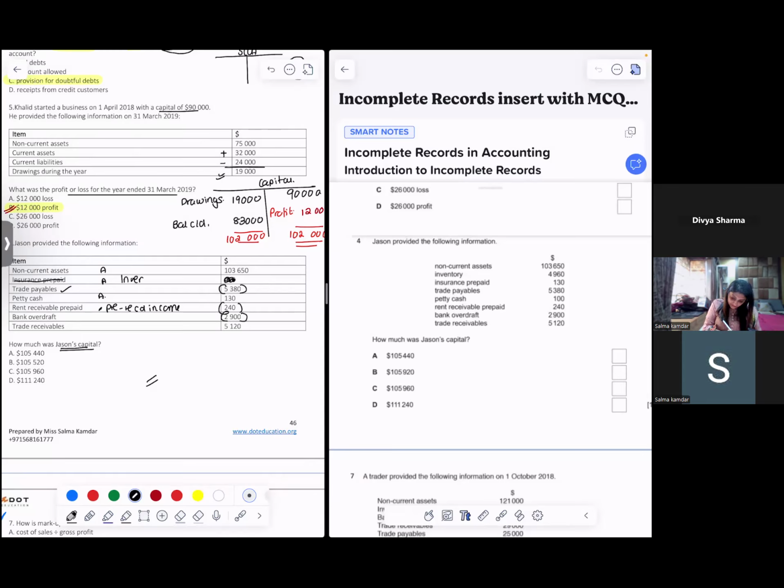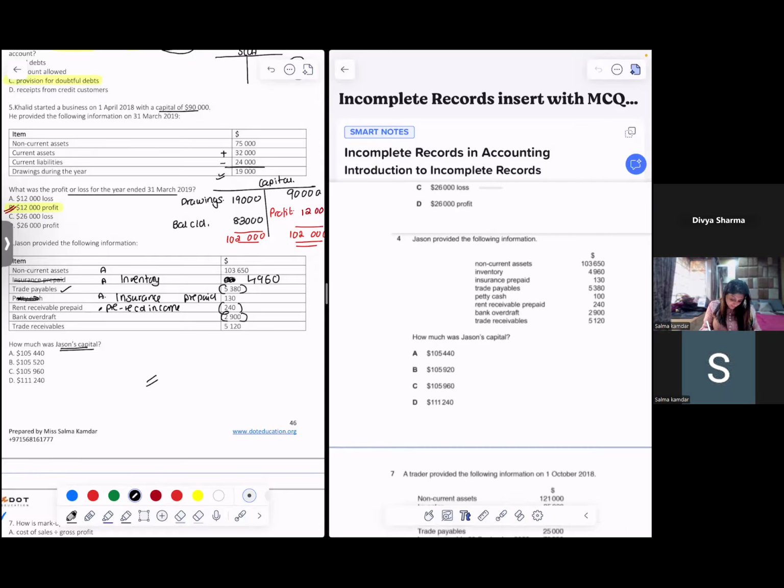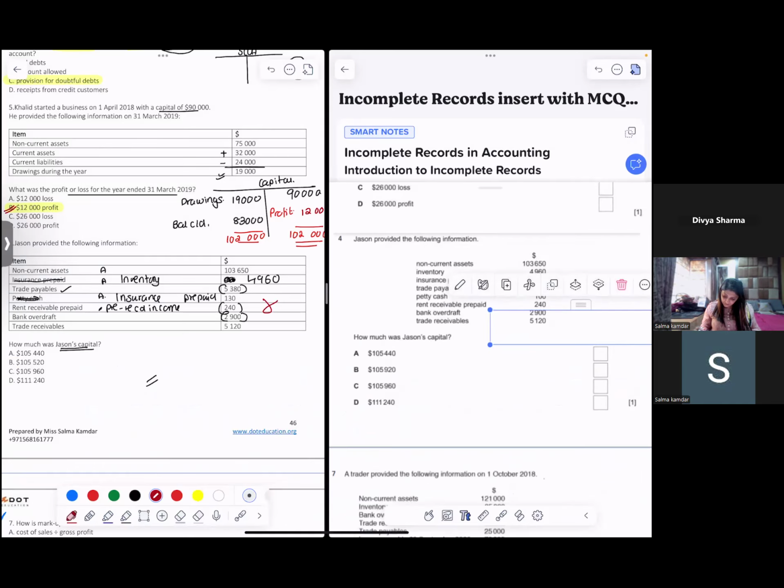This is inventory, and inventory is 4960. This is insurance prepaid, that is 130. Trade payables is correct, 5380. Actually, this sum is wrong. Can we do the question from here, please? Yes, we do the question from here.